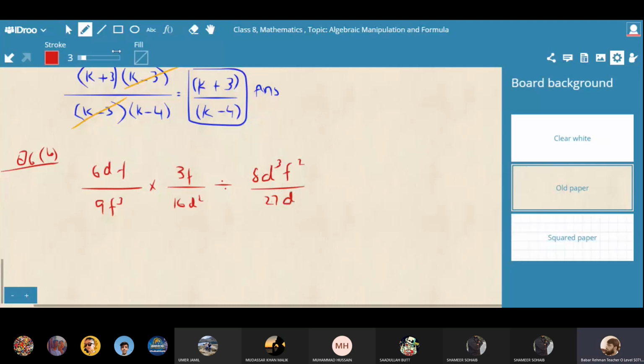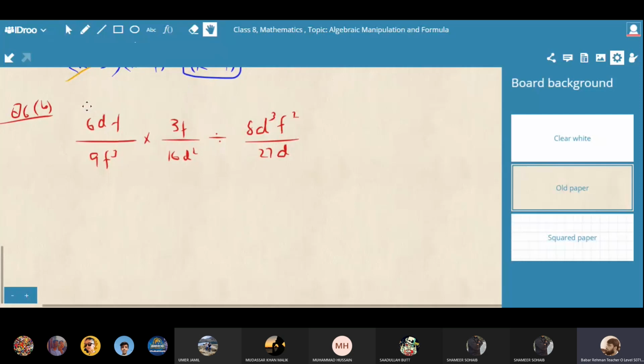Okay, students, you remember I told you yesterday, you have to simplify this by using multiply sign instead of division. Simplify.